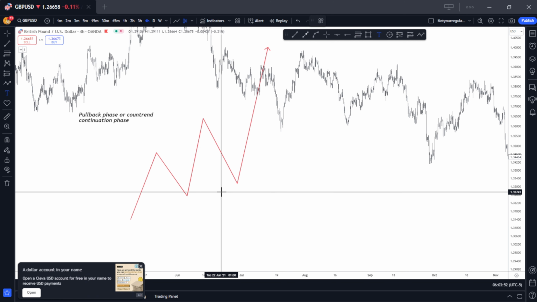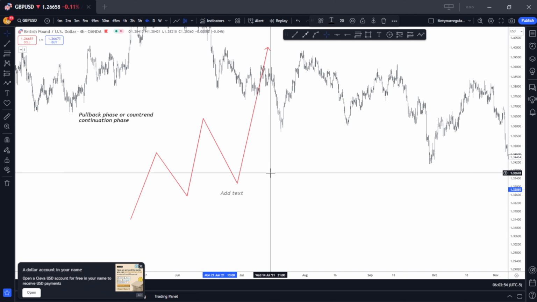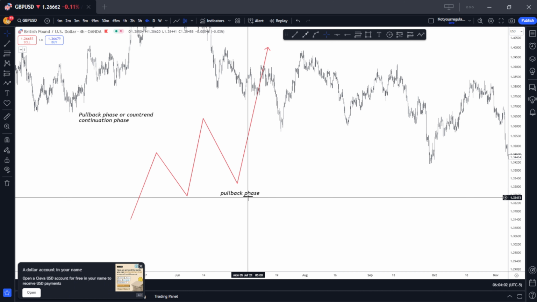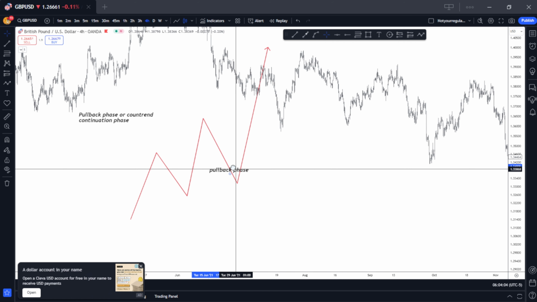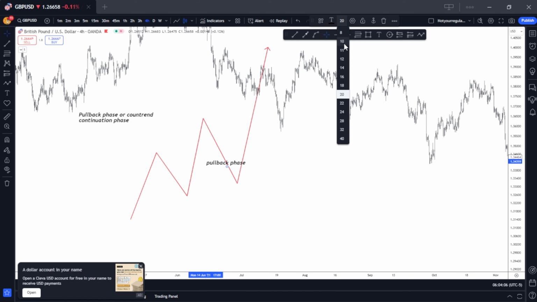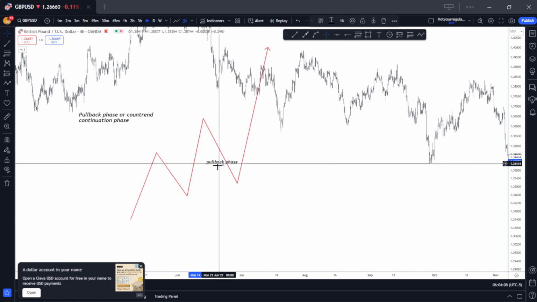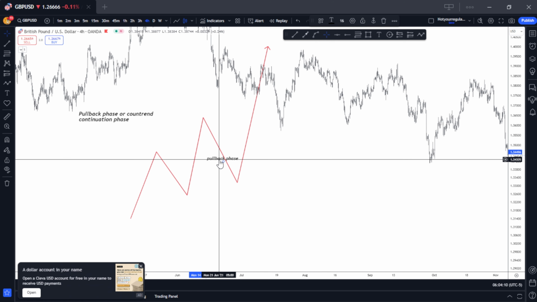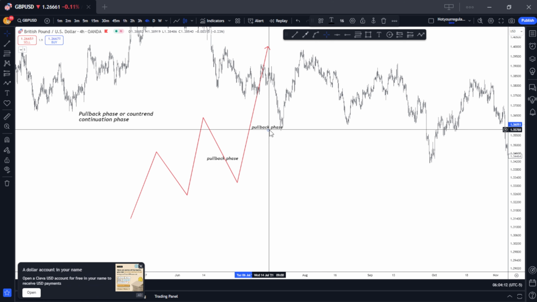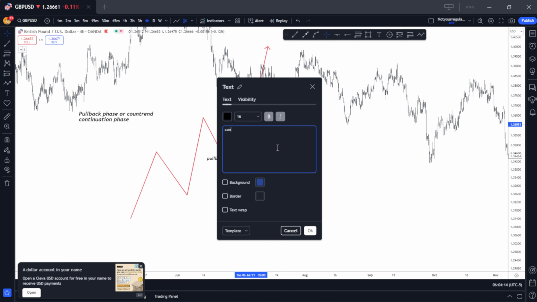So this is a pullback phase right here, and this is our continuation phase.